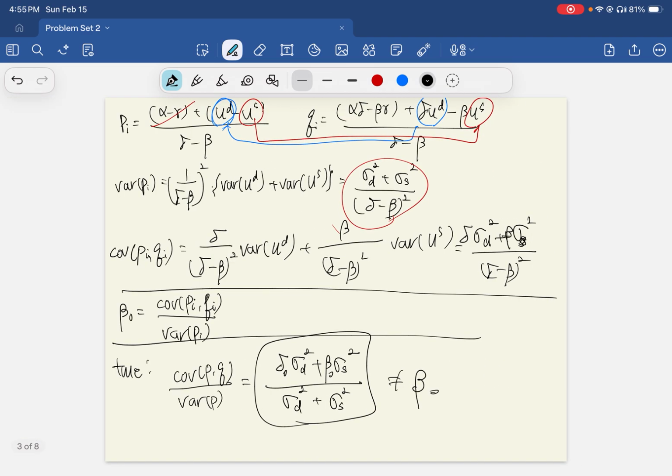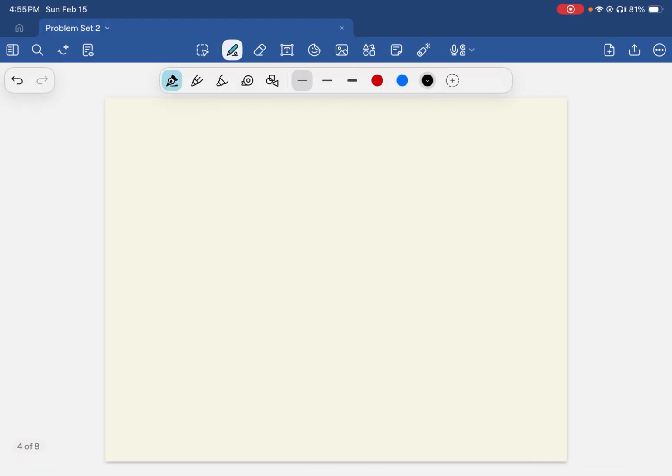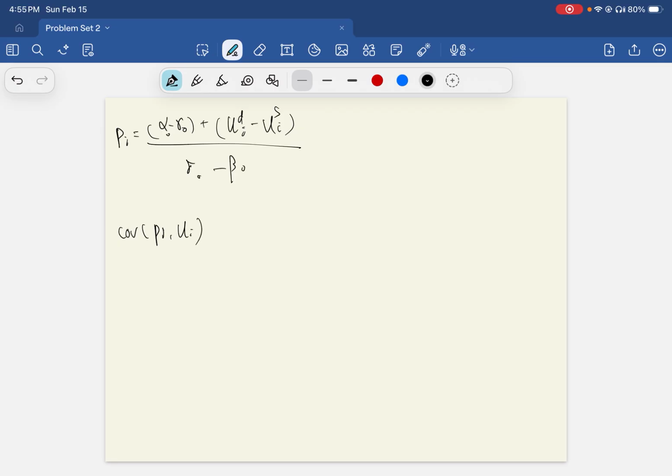Then why? It is clear. P looks like this, and obviously it is correlated with U_D. So again, let me copy it: alpha minus gamma plus U_D minus U_S, over delta minus beta_0. Then you can calculate the covariance between P and U_D.